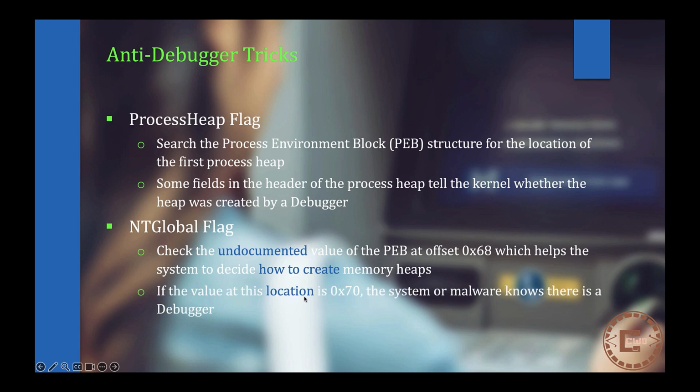If the value at this location is 70, the system or malware knows there is a debugger. But again, guys, I want to stress this: check how these guys understood the PEB structure, understood the 68 offset in the structure, and realized there are different values when a debugger is not present.